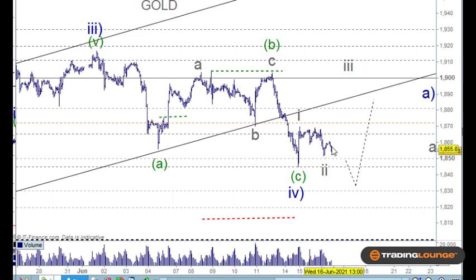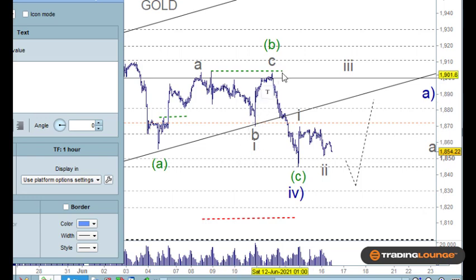But like I mentioned, if we do get a new low here, then we'll consider this being wave 1 here, and 2 over here, and 3 for this one, and 4 for this one, and 5 for this one. So just making a new low. The 1830s are normally a really nice place to see a bounce come back from in that case. So we've still got our stops out of the way with all of this.